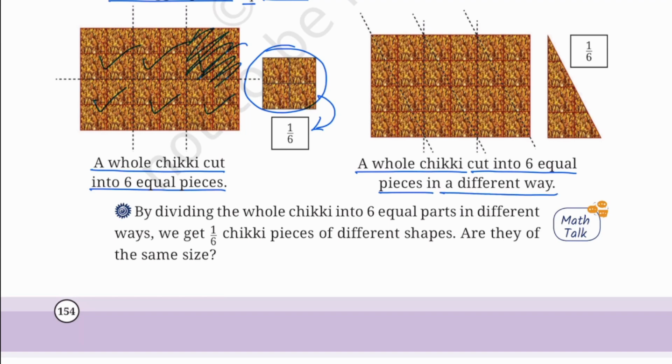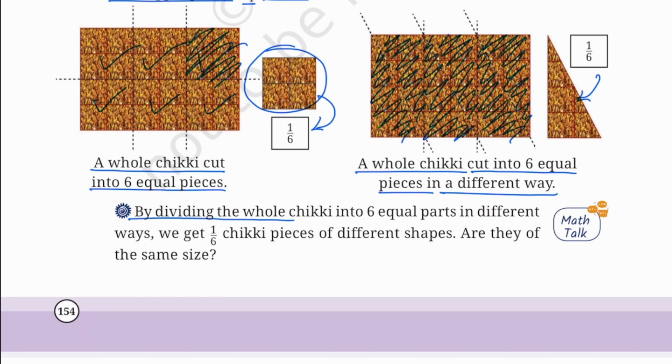You can see here it has been cut in 6 triangles such that all the triangles are of the same area. So one piece is equal to 1 upon 6.